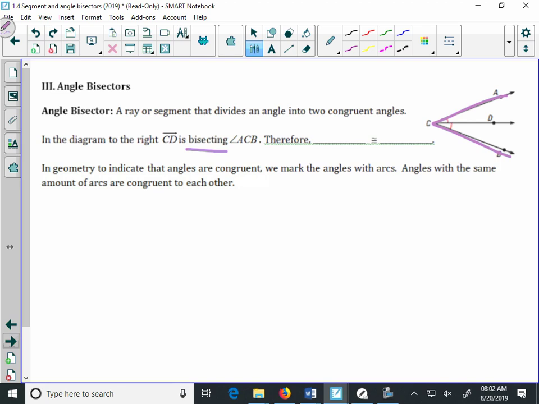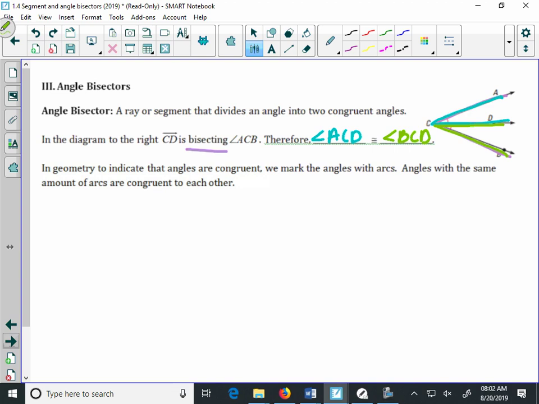Because it's being cut in half, we know that these two little angles are the same. So I know ACD is congruent to this other little angle, BCD. Being cut in half, those two little angles are the same.